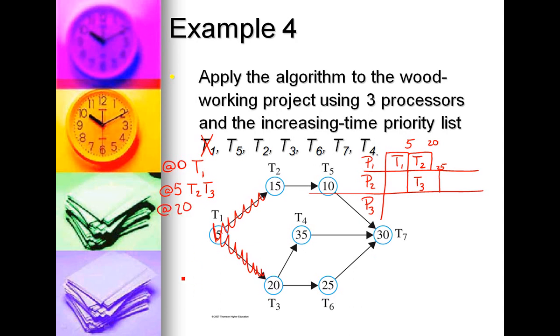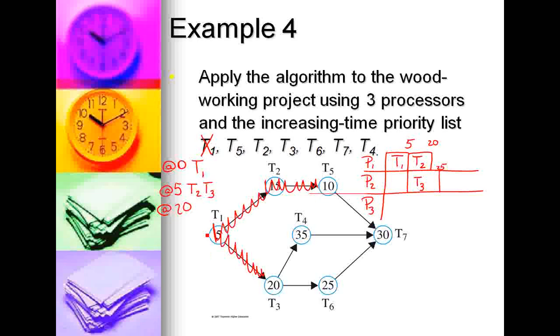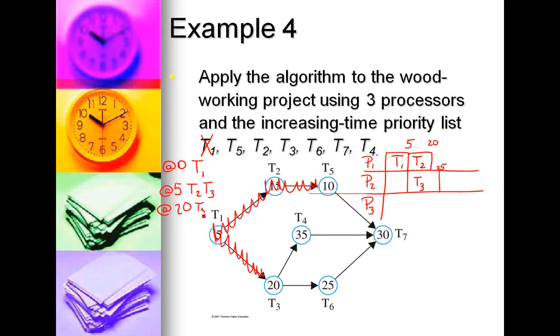So at 20, T1 and T2 are complete. So that makes T5, and we've already scheduled T3 as our ready task. So T5 is going to go on that 20-minute time slot. T5 has 10 minutes, so that takes you out to 30.